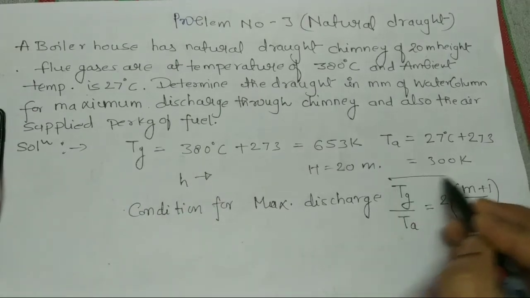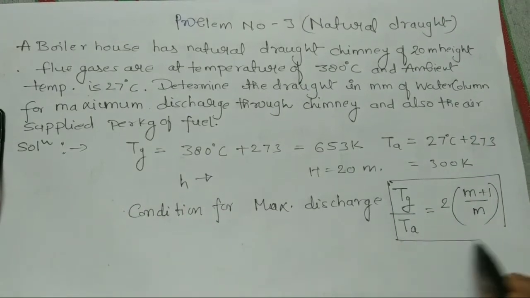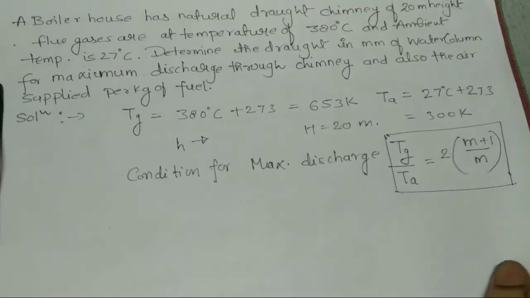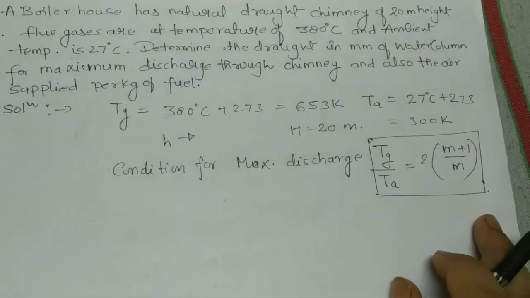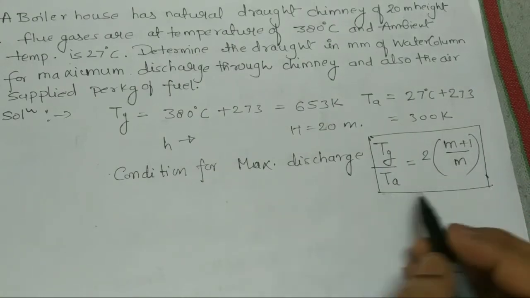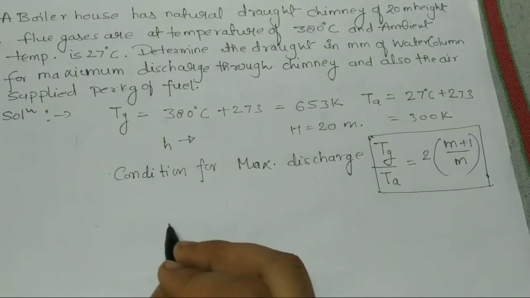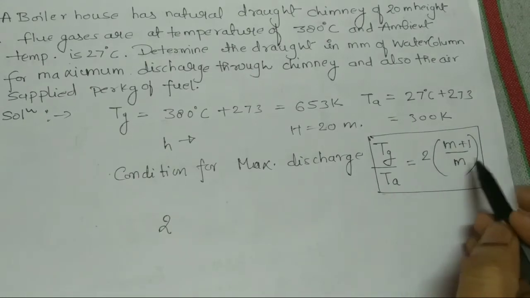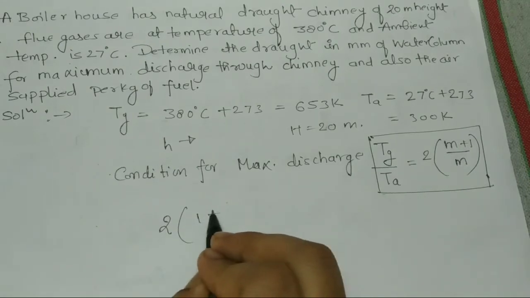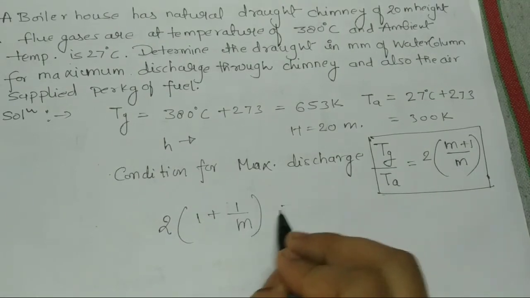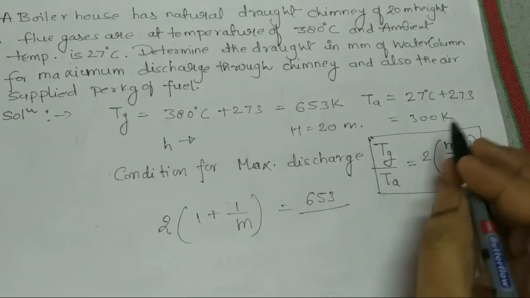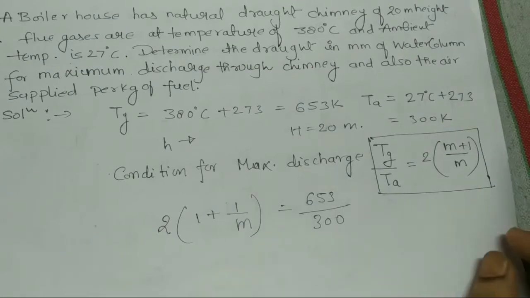So it is a very important relation. Sometimes it is asked in numericals for the condition of maximum discharge. So you have to use this formula directly. Tg is given, Ta is given, we need to find out m. So we can write it like this: 2 into (1 plus 1/m) is equal to the value of Tg, that is 653 Kelvin, upon 300 Kelvin.